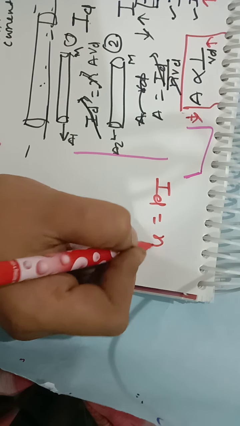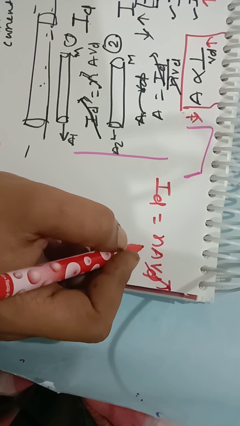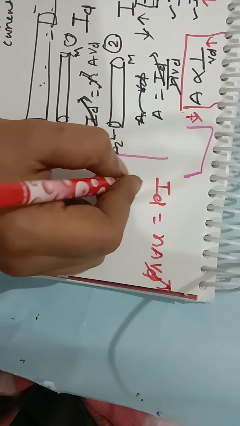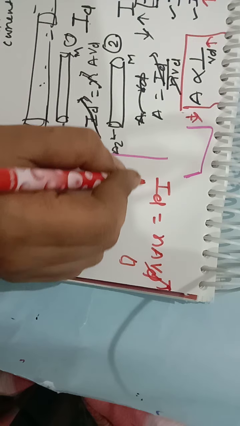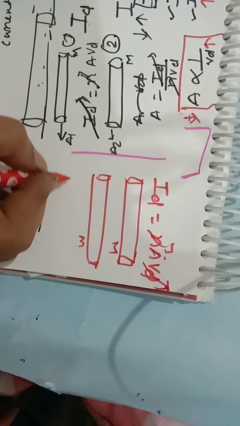ID is equal to nAVD. Suppose for two wires, sorry, I am very sorry, for two wires the drift velocity is the same, and since the material is the same, n is also the same. So what can we say about the relation between ID and A?